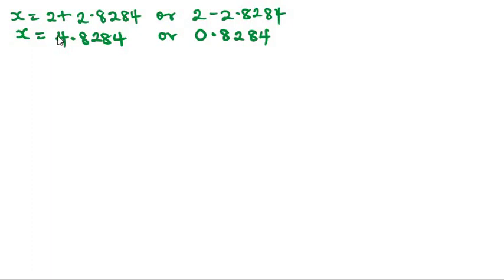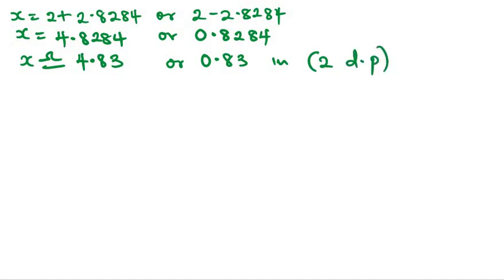So we have to approximate the values 4.8284 and 0.8284. So approximating this, x is equal to 4.83 or negative 0.83. Remember, in two decimal places. So now we have the answers to the question given above.